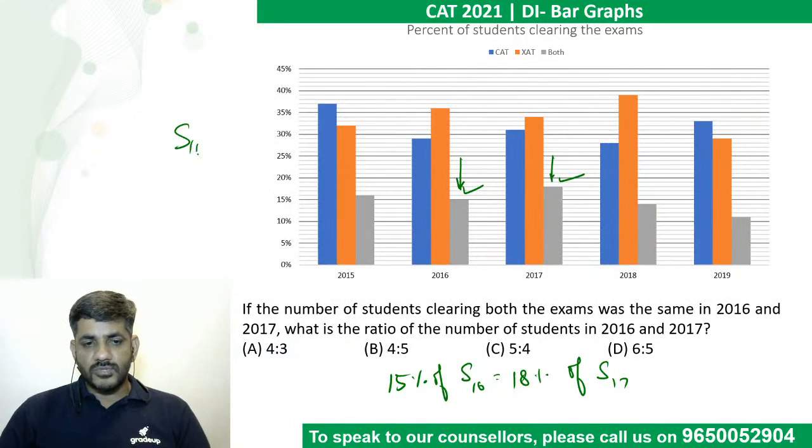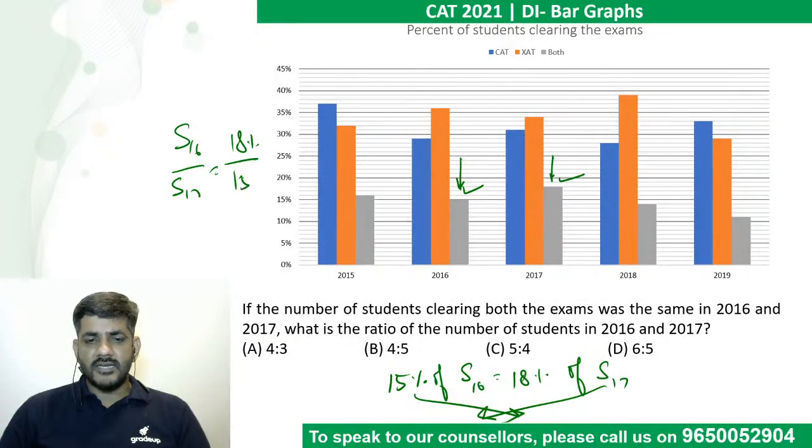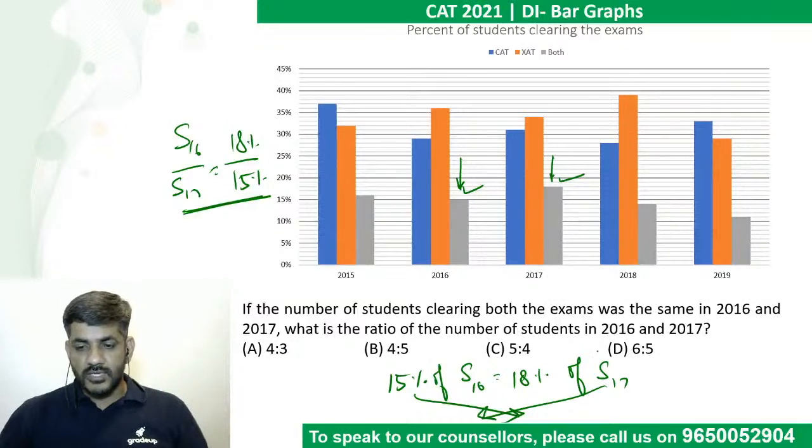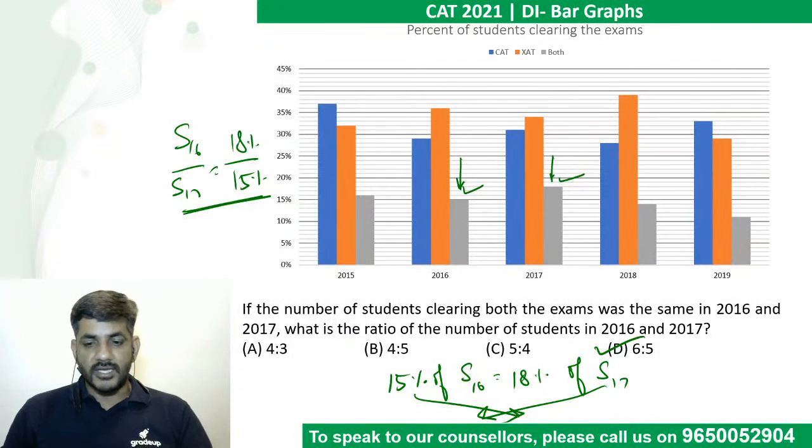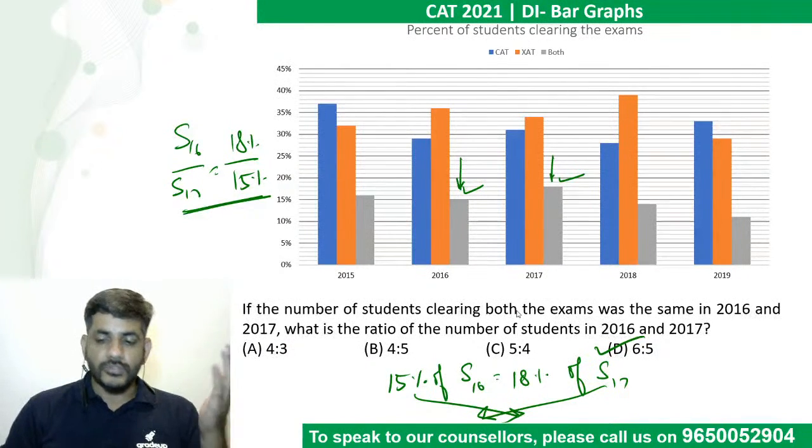So can I say students in 16 upon students in 17 would be equal to 18% divided by 15%, and 18 by 15, 3 cancels out, so it would be 6:5.